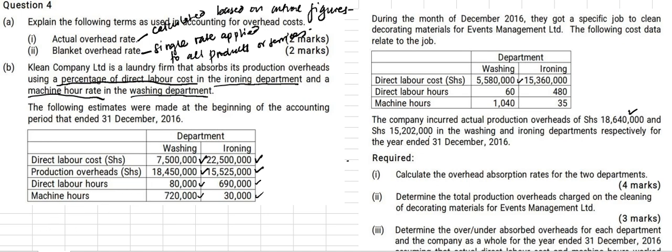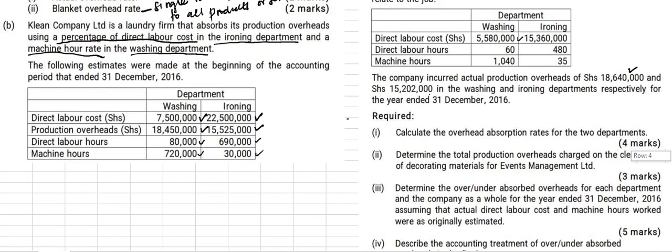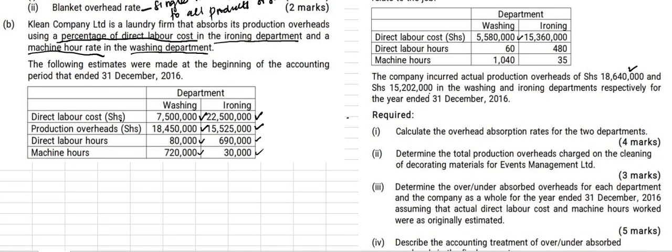So I'll start with the washing department. How do we come up with the rate in the washing department? Remember, in the washing department, we have been told that they use a machine hour rate.